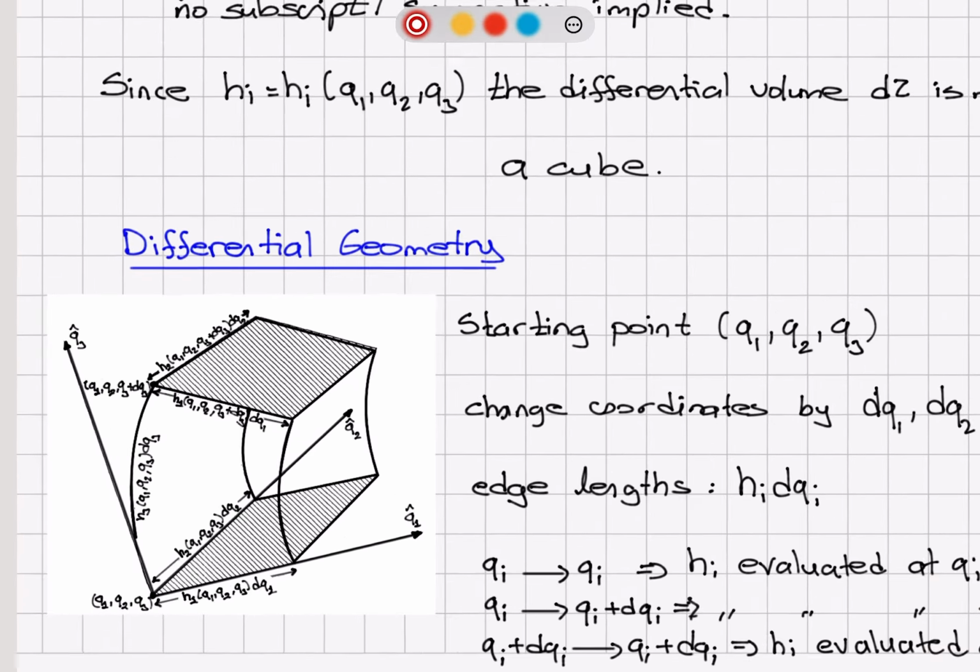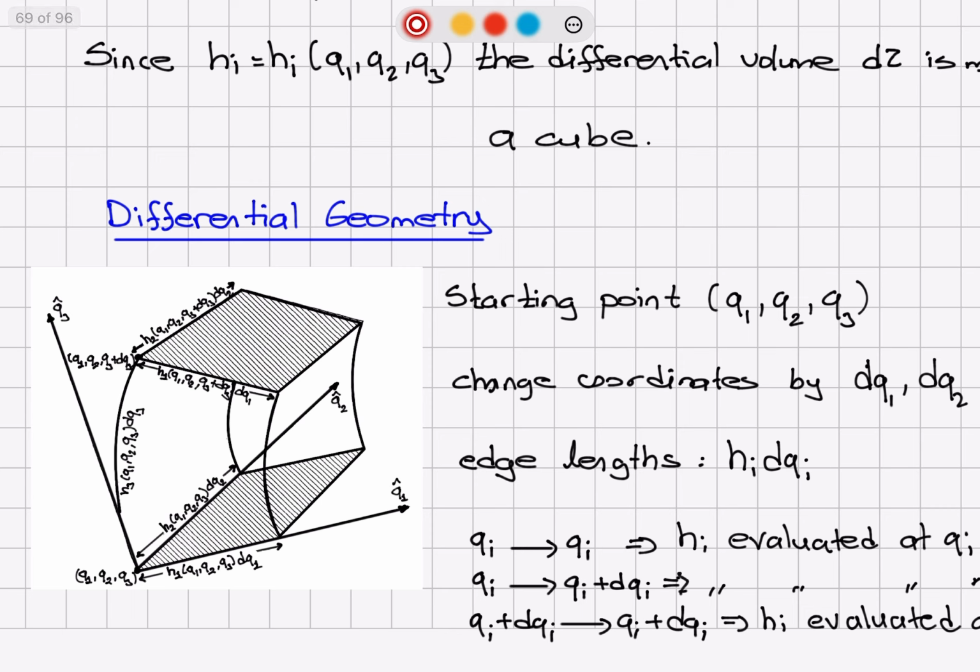Okay, so let's read the edge lengths here. When I start from the origin position, I have to evaluate the scale factors at the original position. But when I reach another point and I'm going from that point to a different point which does not include the origin, then I have to evaluate the scale factors for that position.